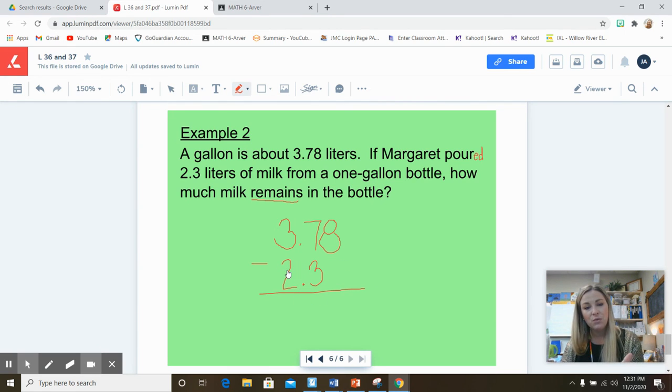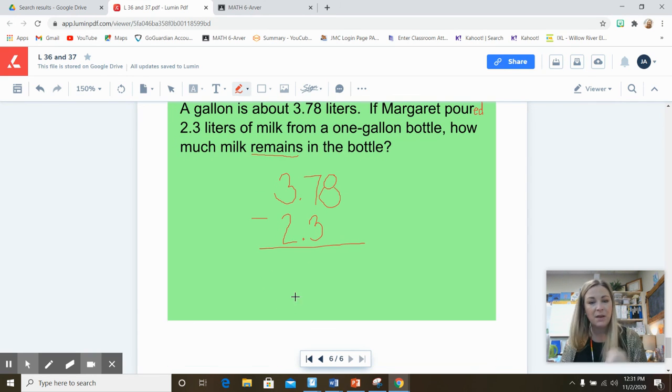Make sure you don't butt that number up against the right side. We're not going to align it on the right side. We line up our decimals. That's what's most important. So now that we have this all set up, I think I'm just going to fill in a 0 here to help keep everything aligned. I'm just going to bring down my decimal. I can do that right away because I know that's not going to move, and I can subtract like normal.